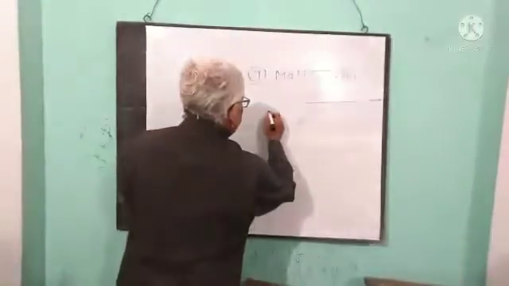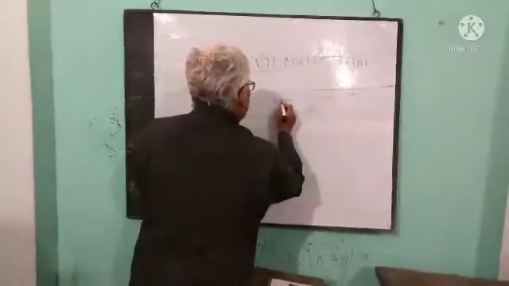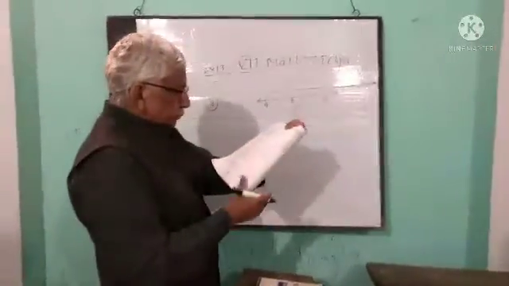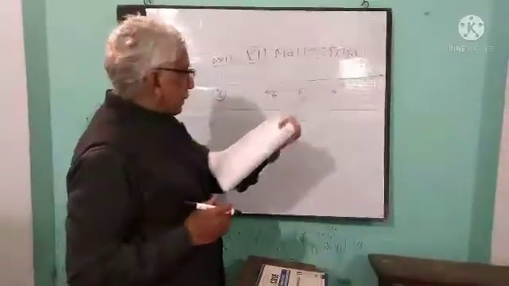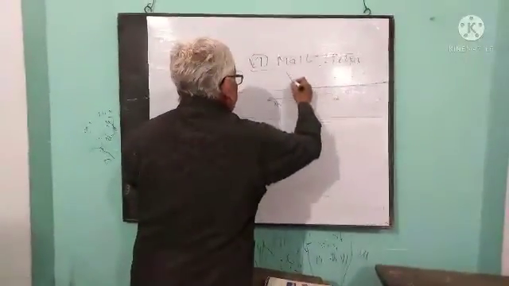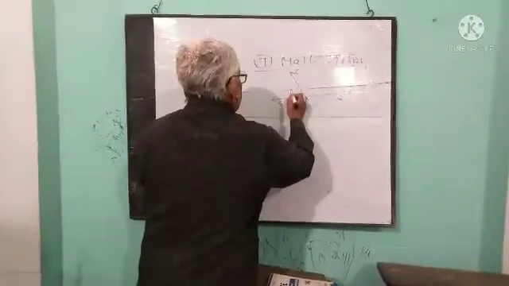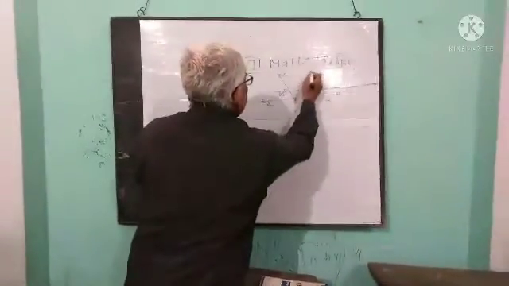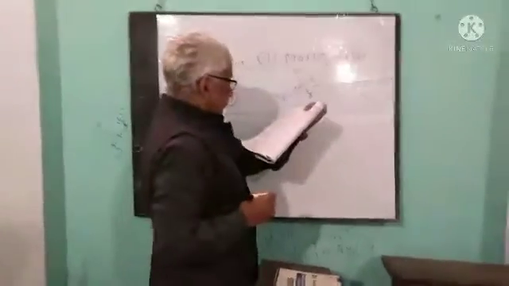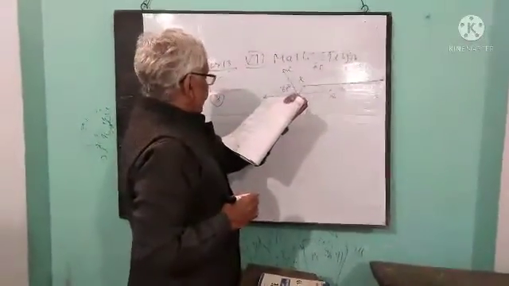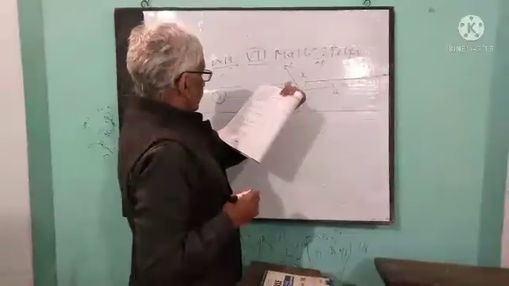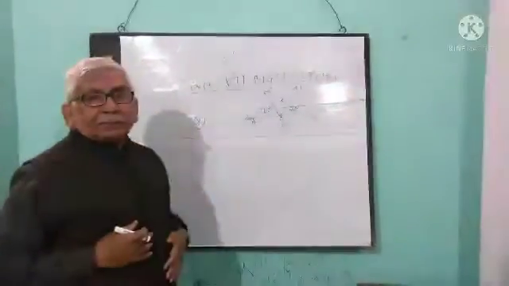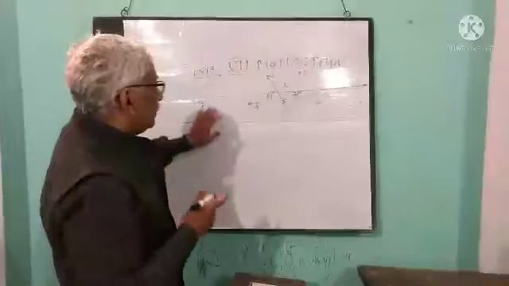OB. Angle AOC is 65. OD. x. DOB is 70. You are asked to find the value of x.